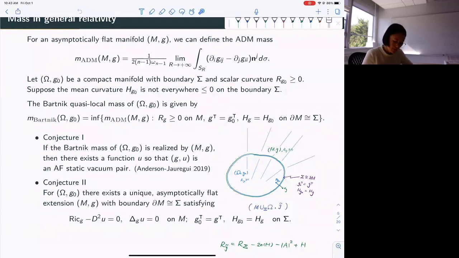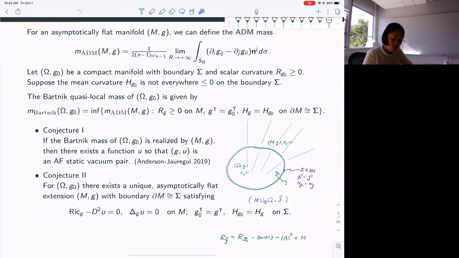So in this picture, we can glue those two regions together to get a complete asymptotically flat manifold. And then along the boundary, we should have two conditions, which are called the Bartnik boundary conditions. The first condition says that the induced metric on the boundary manifold from the exterior metric g should equal the induced one from the interior metric g₀.